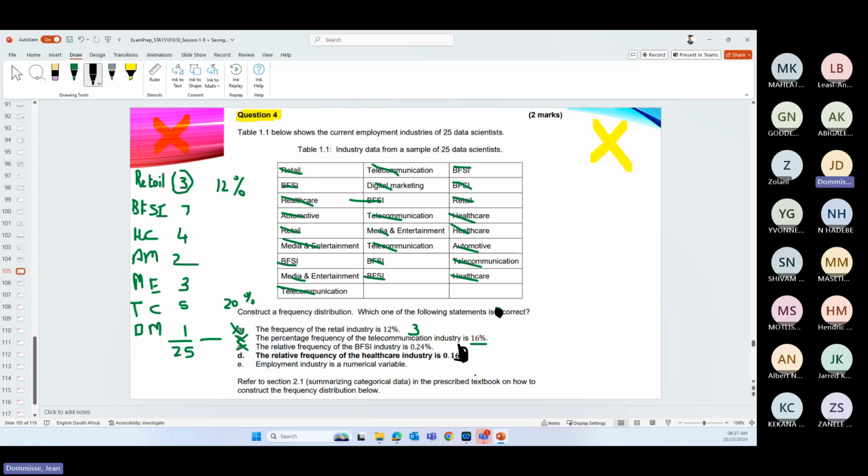So that should be 0.16 and not 0.16%. Okay, so that in a sense could also be wrong.